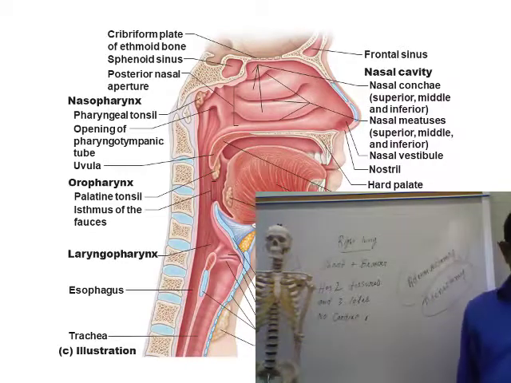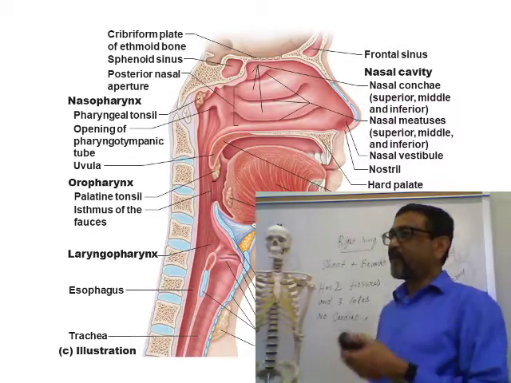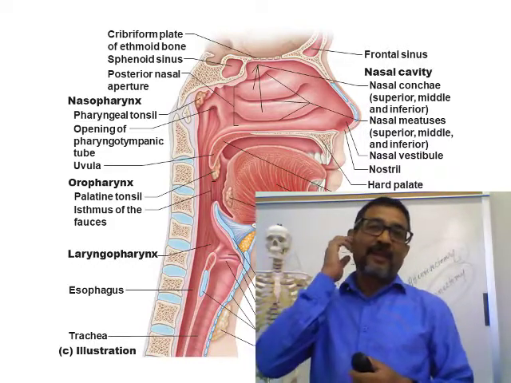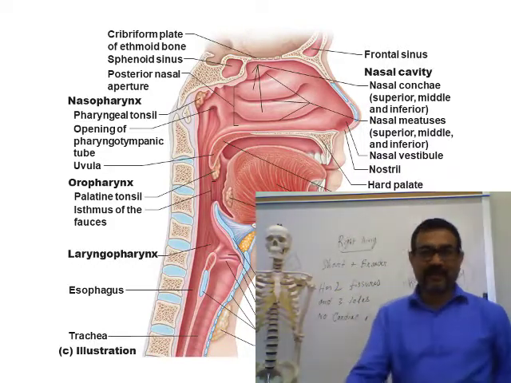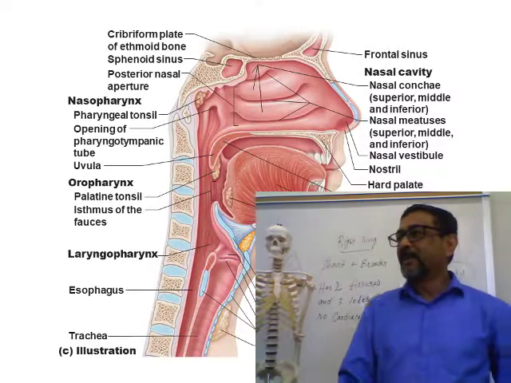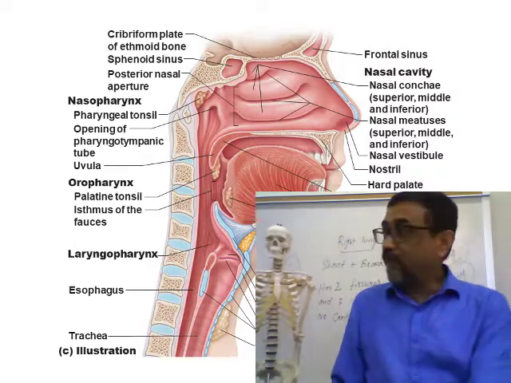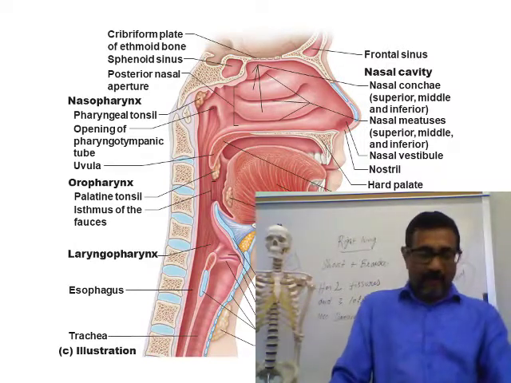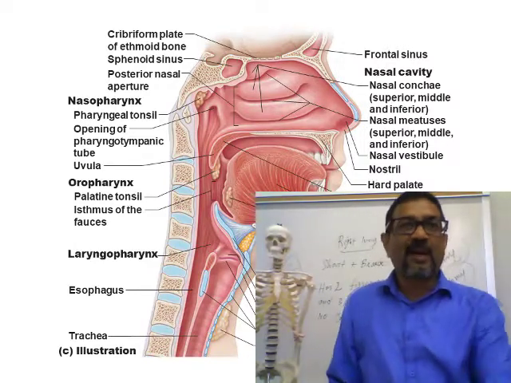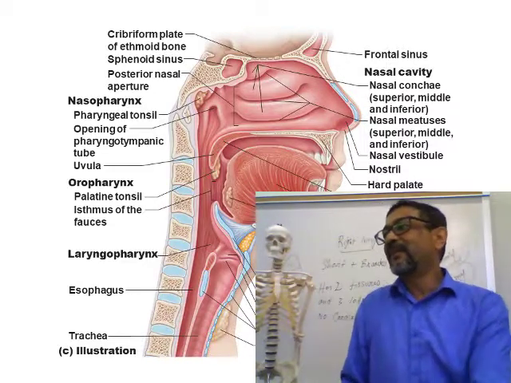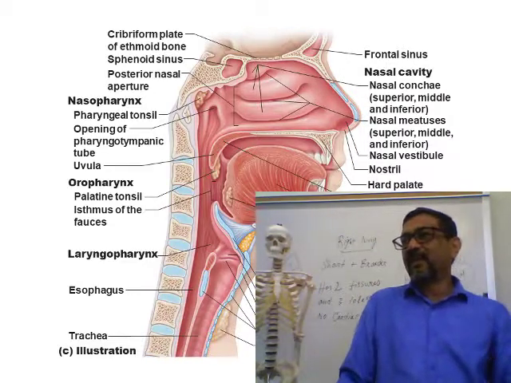Larynx, which is also known as voice box that I have mentioned, is formed mainly by cartilages that I also mentioned before, and a few ligaments. So all the cartilages are hyaline type cartilage except the epiglottis.